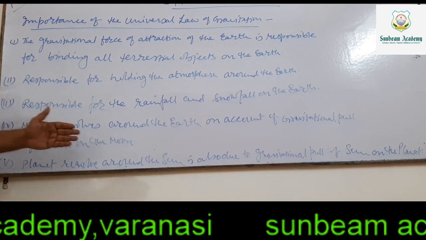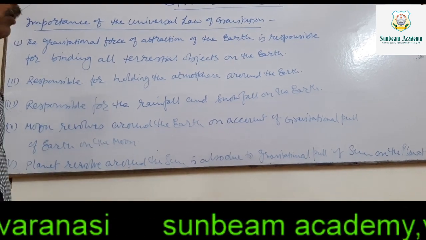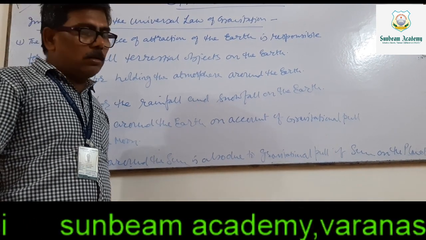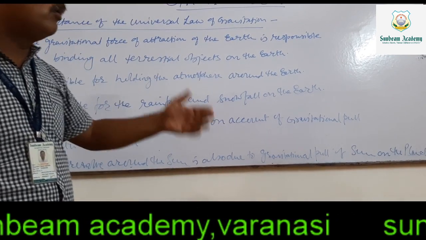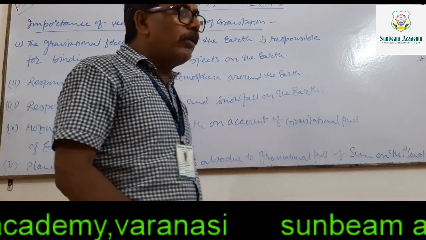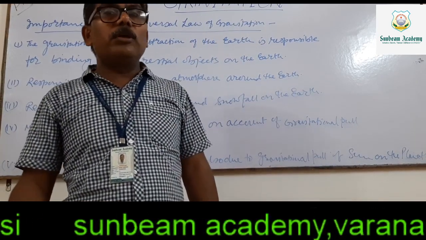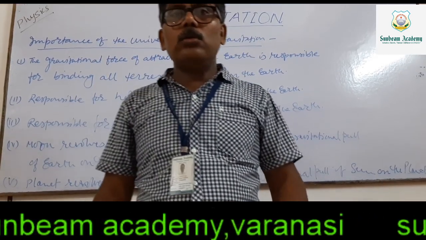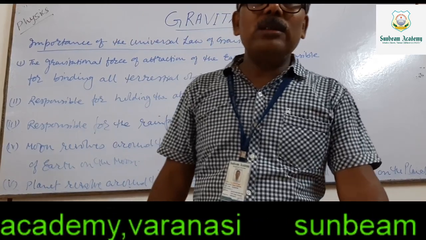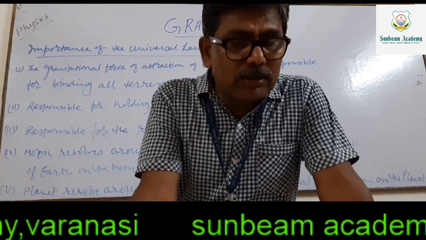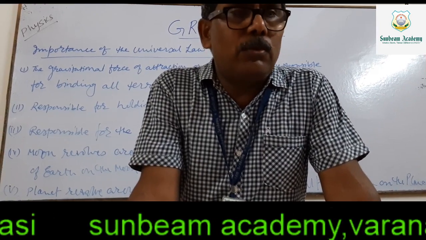Planets revolve around the sun due to the gravitational pull of the sun on the planets. Also, the flowing of water in rivers is due to gravitational pull. Formation of lunar and solar eclipses is another importance of the universal law of gravitation.